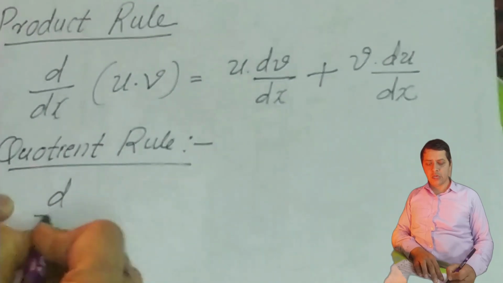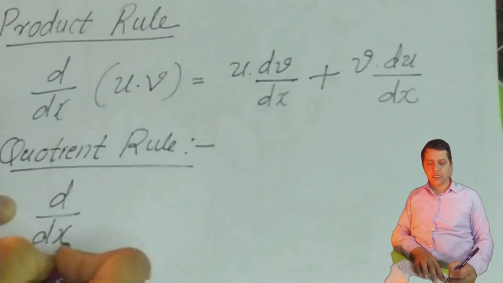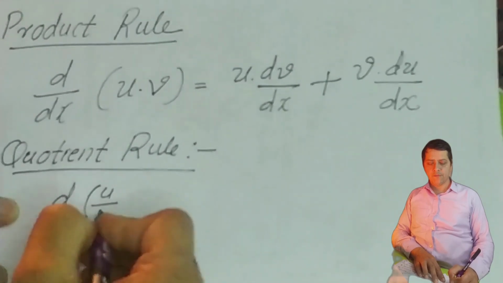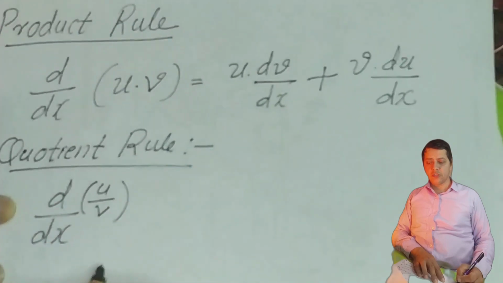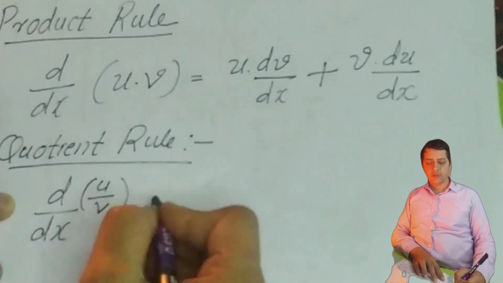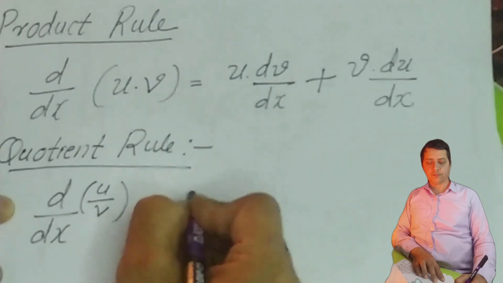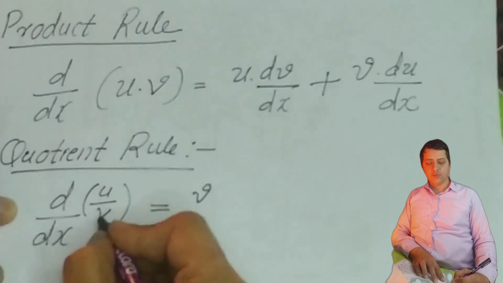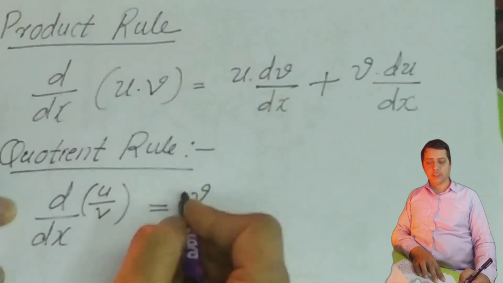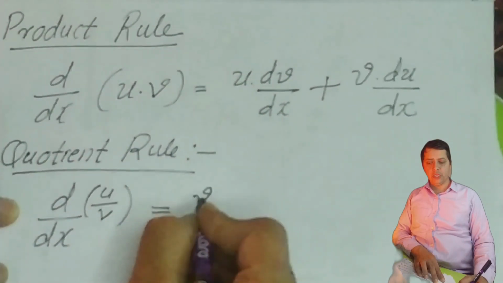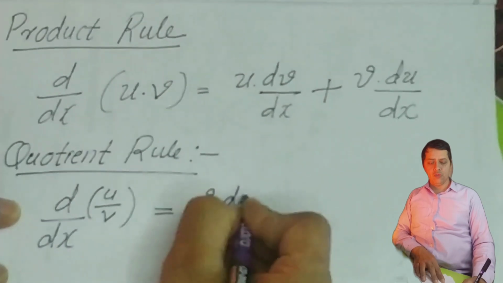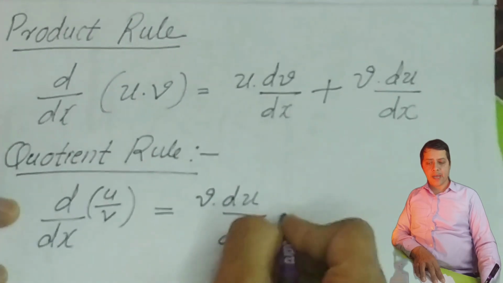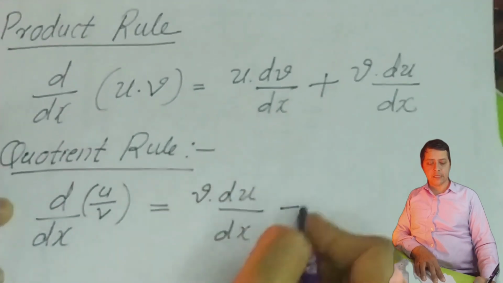Because we know now the product rule, here it's u by v. So d by dx of u by v. Let's start with v, same thing as above. So v into du by dx, minus, here it was plus before, here minus.